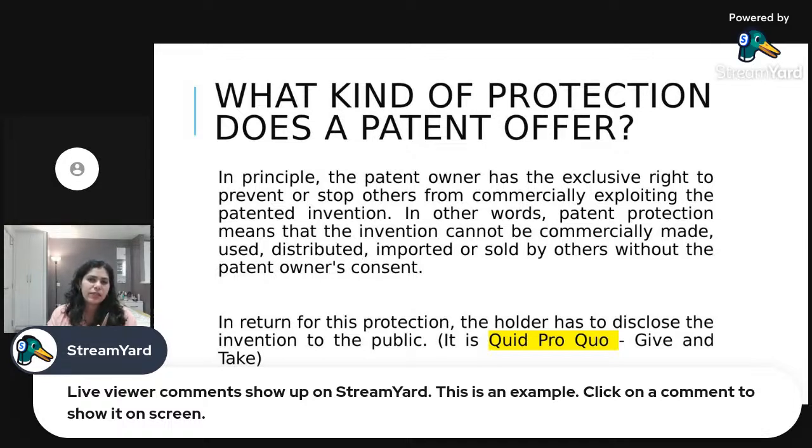Because in a patent application, what you do is that you tell them that this is my patent information. And information can be very, very complex. For example, take ChatGPT.